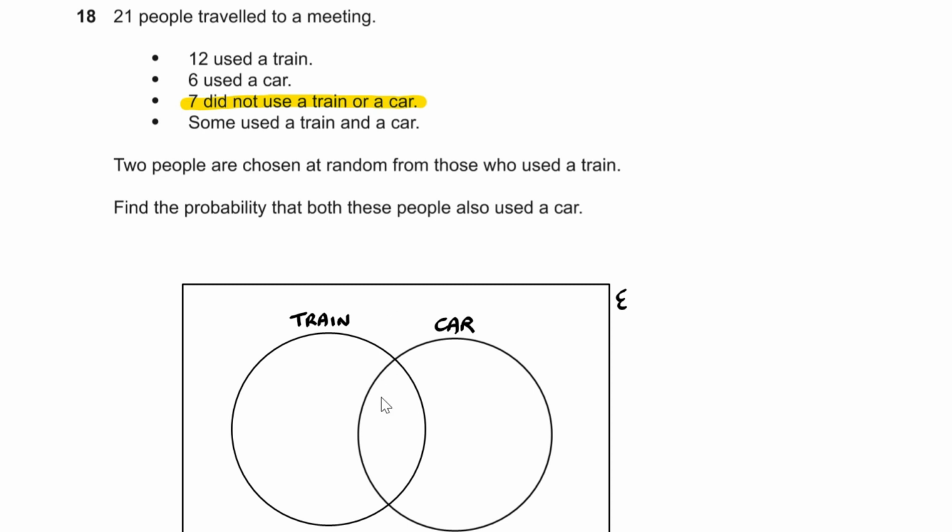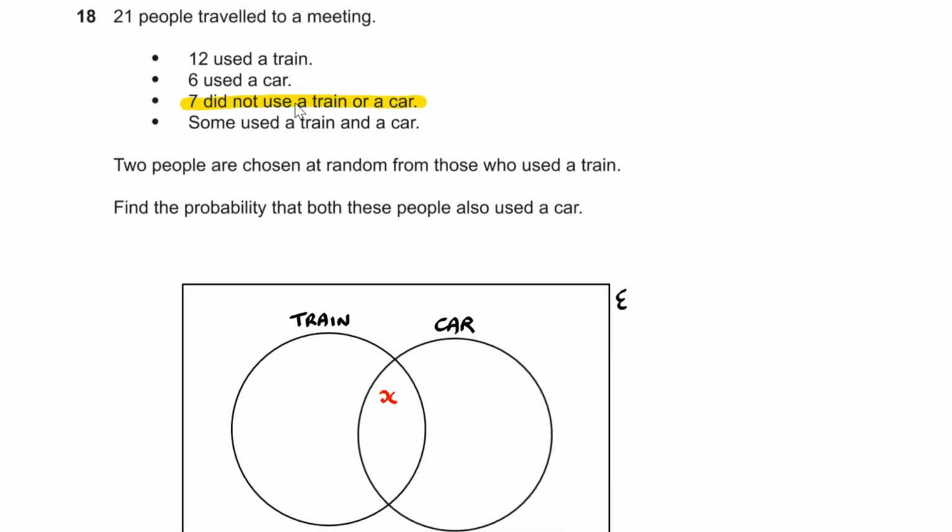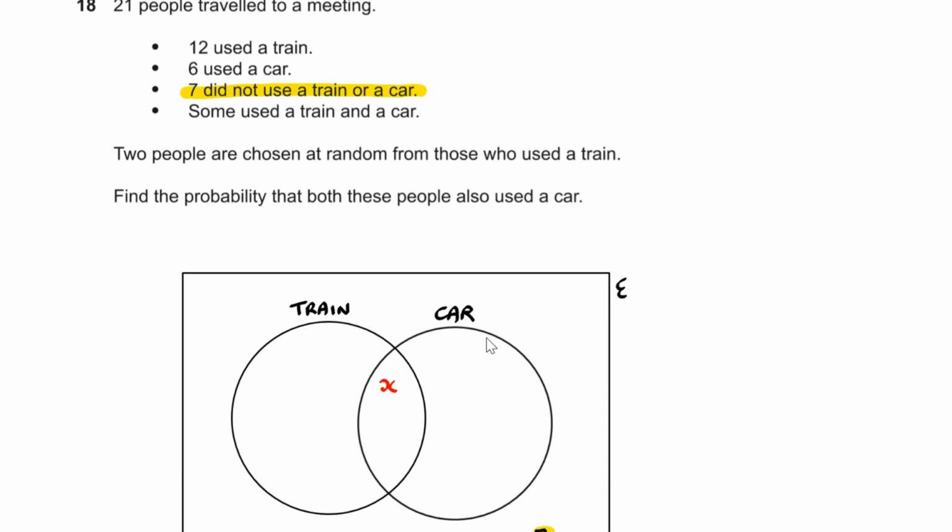So if we call this intersection X, then we know that 12 people in total use a train, so this total equals 12. And we've also got 6 people who used a car in total.